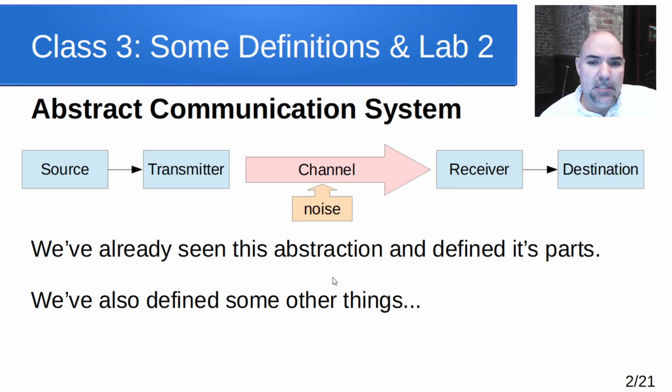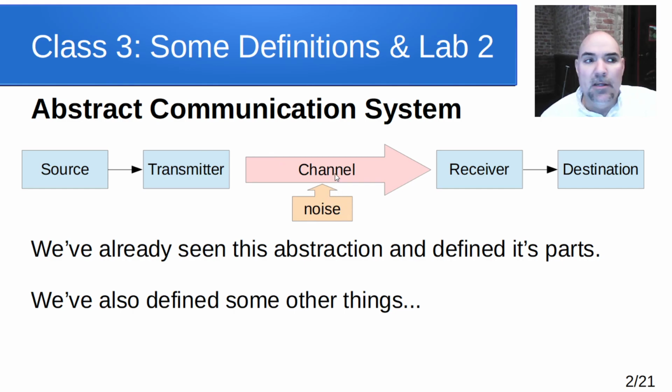All right, so the first thing is we had this abstract communication system diagram before, and you can see there we have a source, a transmitter. The source is kind of the source of the information we're transmitting. The transmitter is what takes that information and encodes it in some way to put it on the channel. The channel may be subjected to some sort of noise.